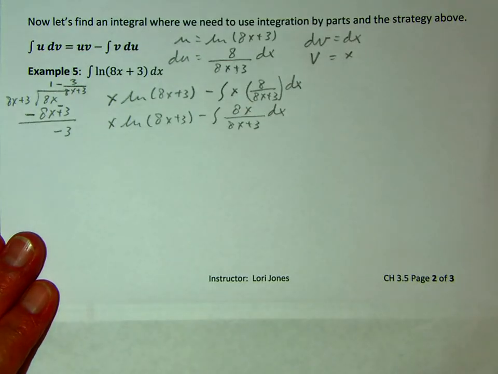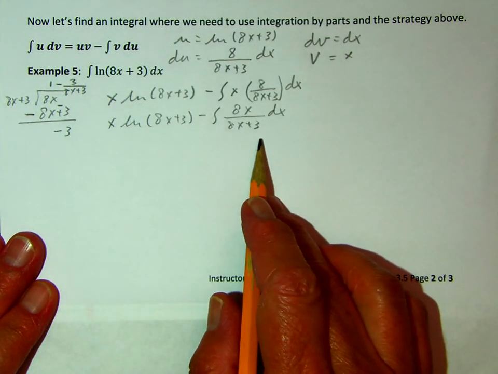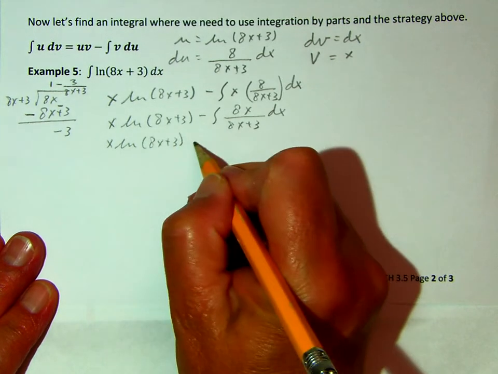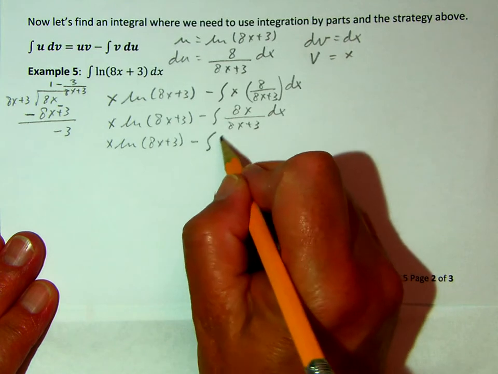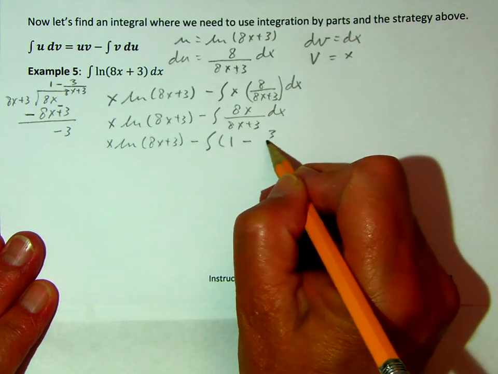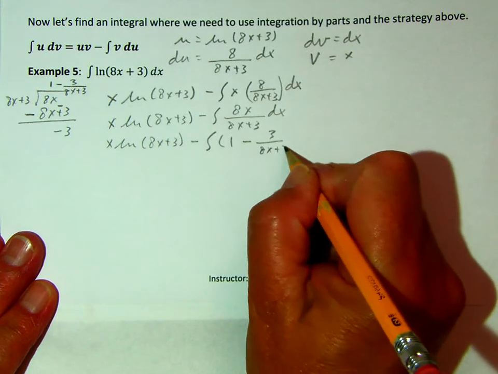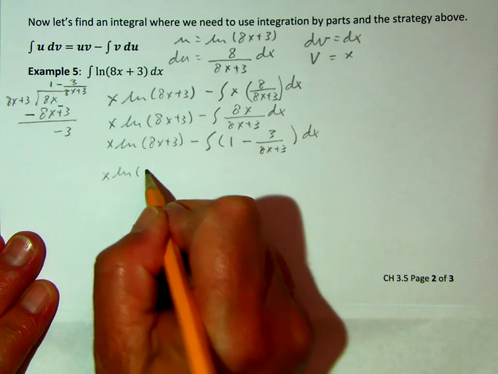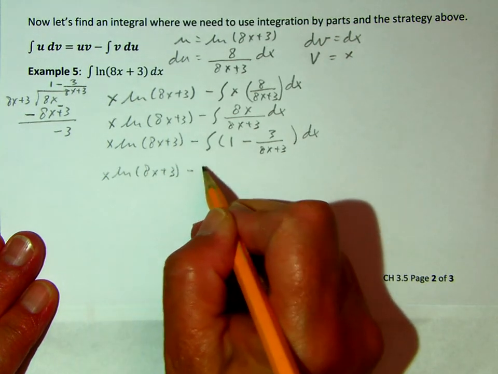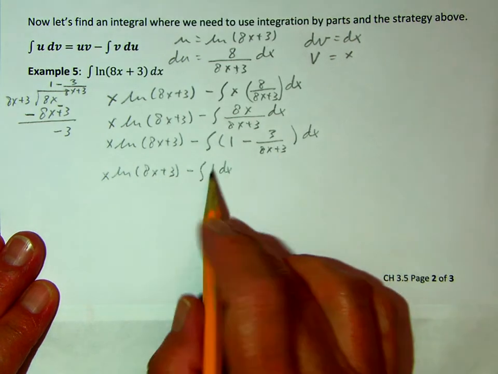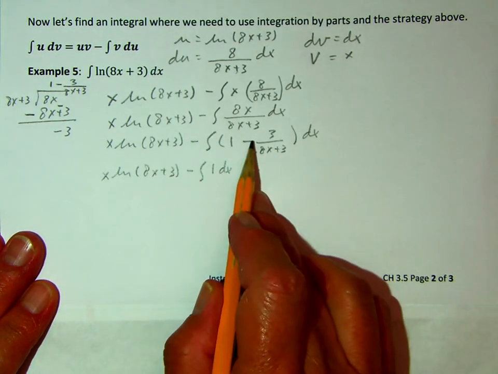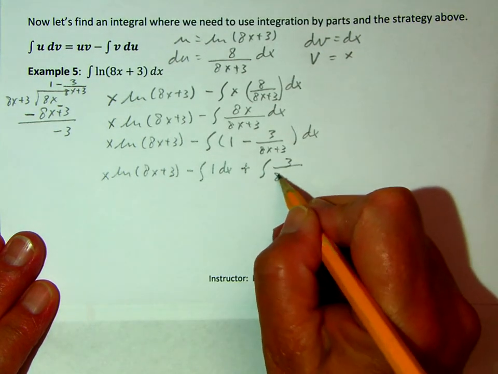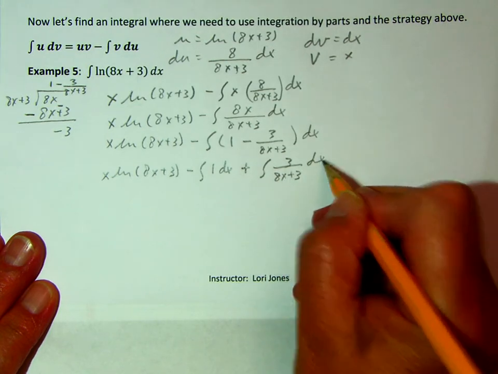So now I'm going to rewrite the integral here as x ln 8x plus 3 minus the integral of 1 minus 3 over 8x plus 3 dx, and I'm going to rewrite this, so x ln 8x plus 3 minus the integral of 1 dx plus the integral of 3 over 8x plus 3 dx.